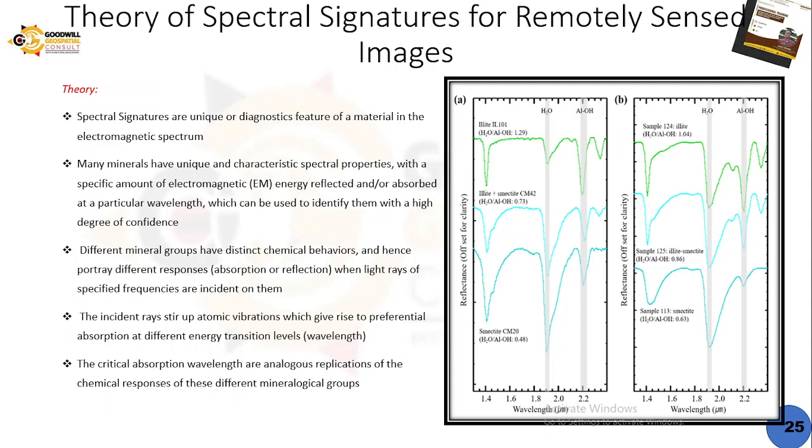So at that critical wavelength, we say the spectral signature of that material is found at that wavelength. Let's say a rock material has a mineral like opal, and say the opal has an absorption wavelength of 2 nanometers.